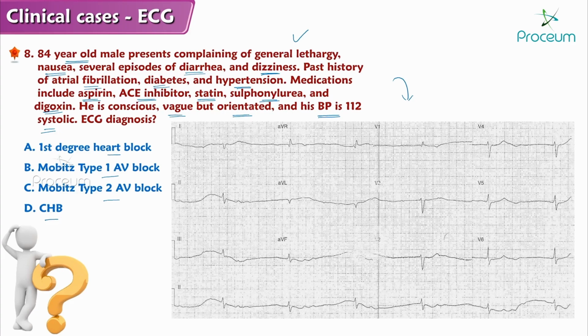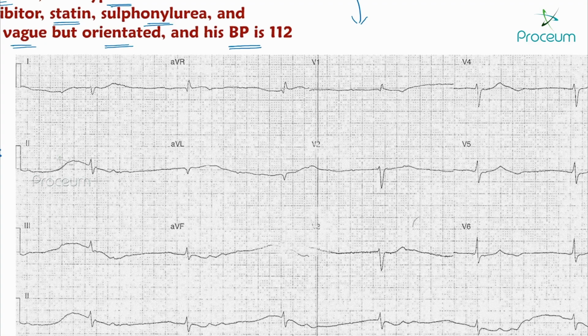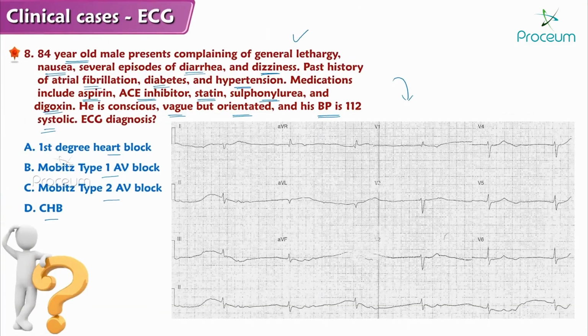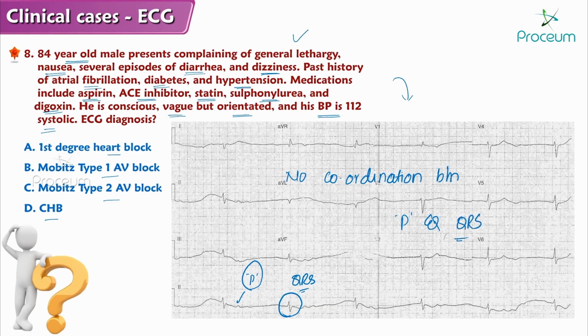So you observe the ECG here. I'll just zoom this for you. So you can make out that the P wave and QRS complexes, there is no correlation. You have the P wave on its own, and the QRS complexes are present on their own. There is no coordination between the P wave and the QRS complex. So what is this called then?